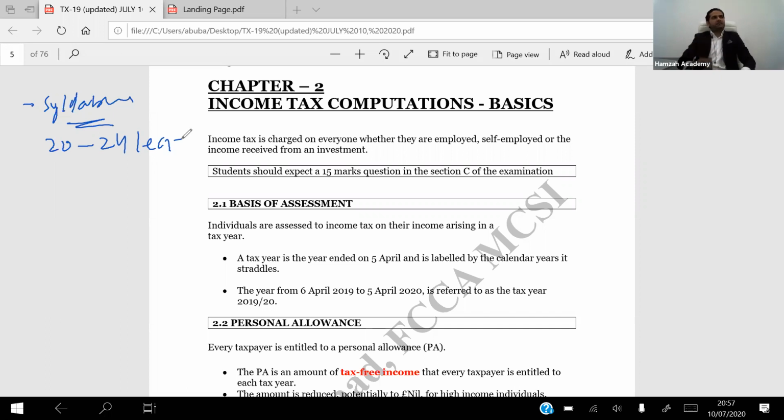I will even make it 46, 48 with some extra lectures, so don't worry about that. My aim is to cover everything and to practice also. I will not tell you the exam techniques right now because you are not familiar with the syllabus, but when there is an exam technique, I will definitely share it with you.